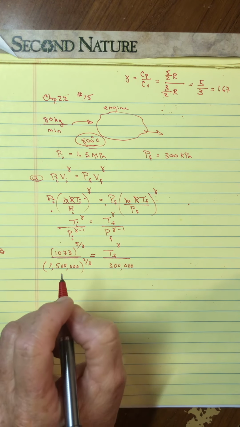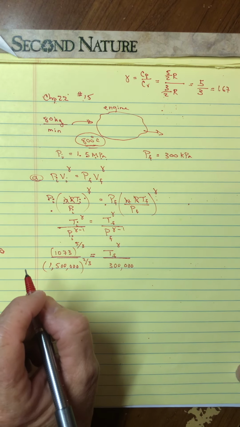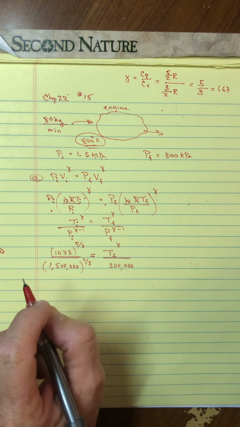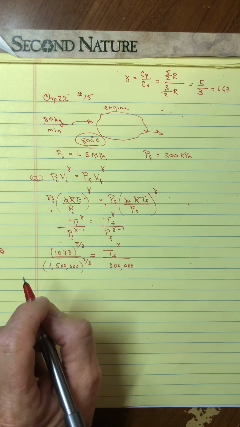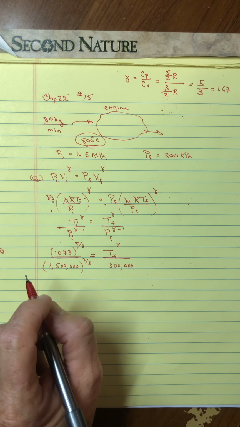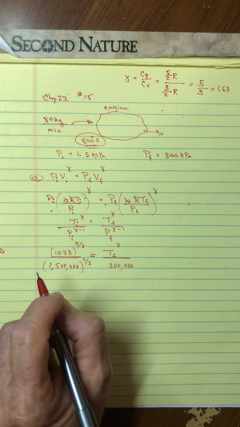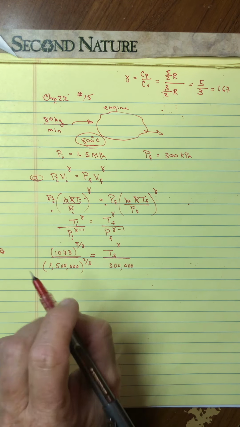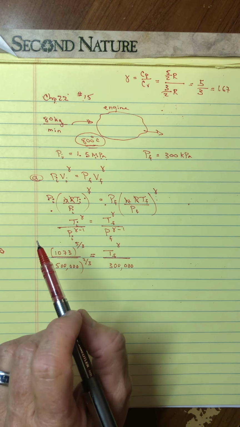Oh, let me look. Is this gauge pressure or is this absolute pressure? I better look here. Argon temperature at a pressure of. They just say pressure. They don't say absolute, and they don't say gauge, but I think they mean absolute. Okay. And then also exits at a pressure of.